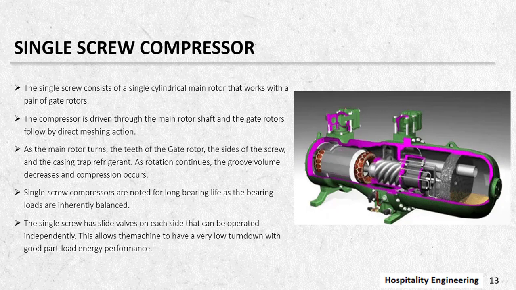As the main rotor turns, the teeth of the gate rotor slide in the grooves of the screw and the casing traps refrigerant. As rotation continues, the groove volume decreases and compression occurs.